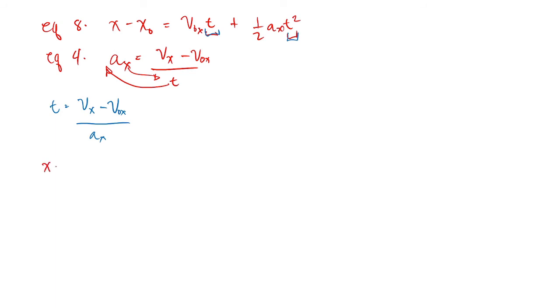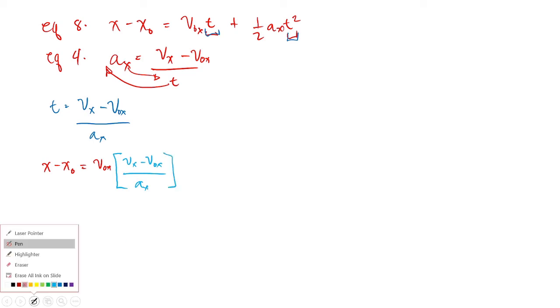So, we will have our displacement that will be equal to our initial velocity times the time. So our time will be equal to our final velocity minus our initial velocity over our acceleration.